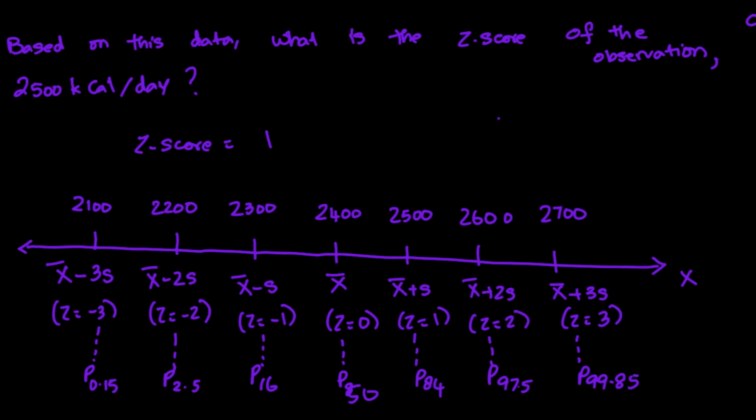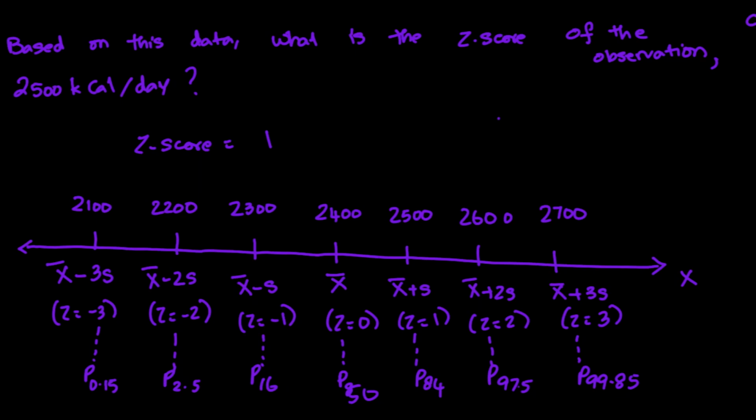But you can't find other probabilities or other z-scores more accurately. For example, if someone asked you what is the z-score of an observation, let's say 2350, all I can tell them is it's going to be somewhere between 0 and negative 1, but I can't exactly tell them what that number is using this picture.